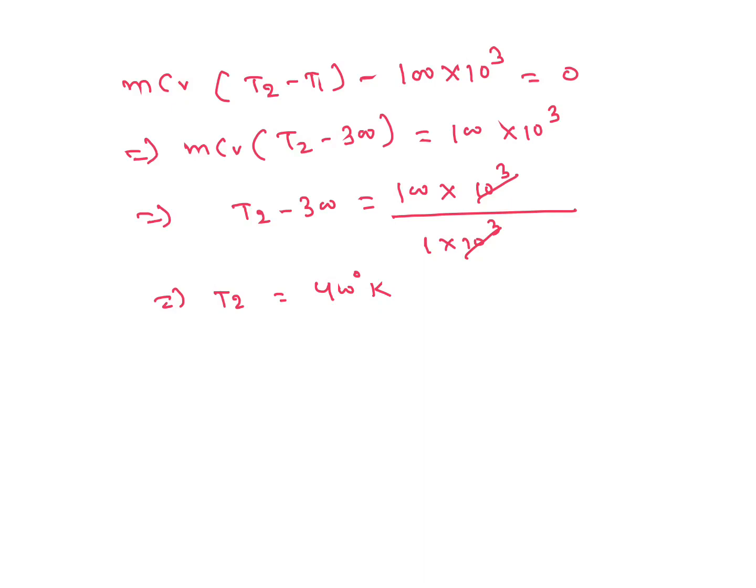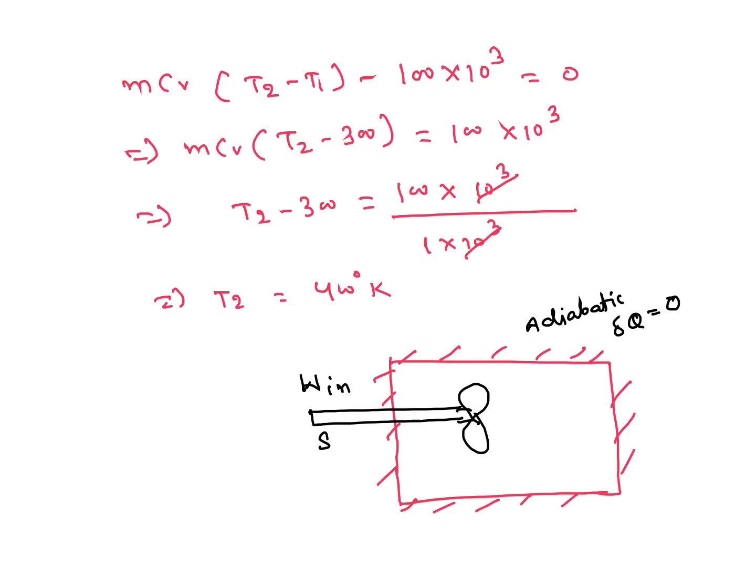So here this is stirring work, work done on the system, adiabatic process, del Q equal to 0. Initially P1 and T1, and here we got T2 equal to 400 Kelvin.